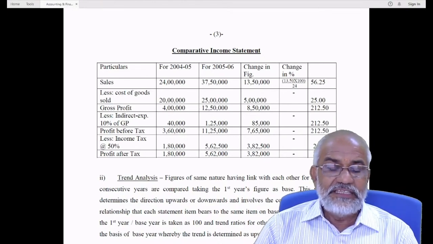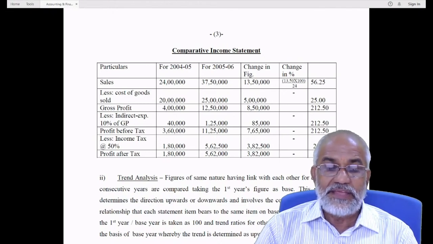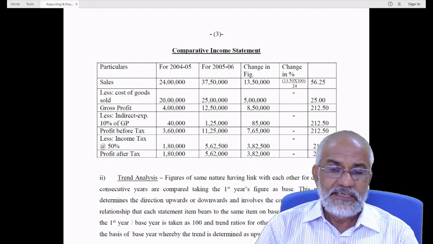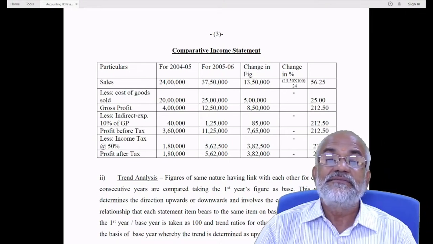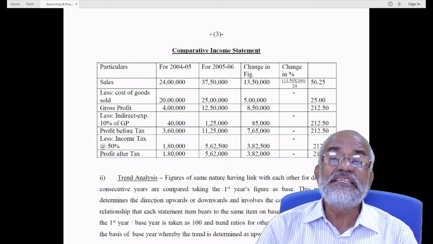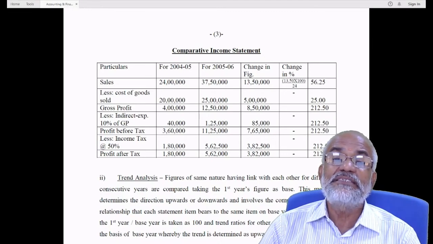Then after deducting the income tax component from the profit before tax, we are arriving at the profit after tax, PAT. That is coming 1,80,000 for the year 2004-5 and 5,62,500 for 2005-6, there was a printing mistake; that would have been 5,62,500, the profit after tax.